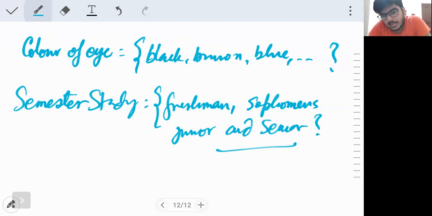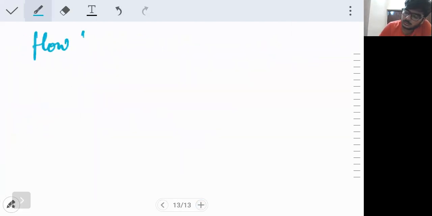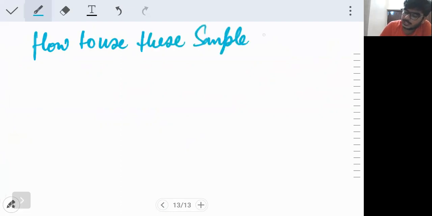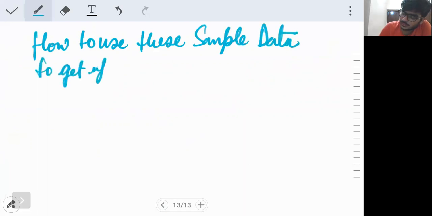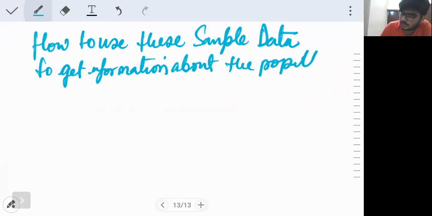Now, since we have collected the sample data, we need to utilize this data in some manner to get information about the population. So in the next class, we will discuss how to use this sample data to get information about the population.